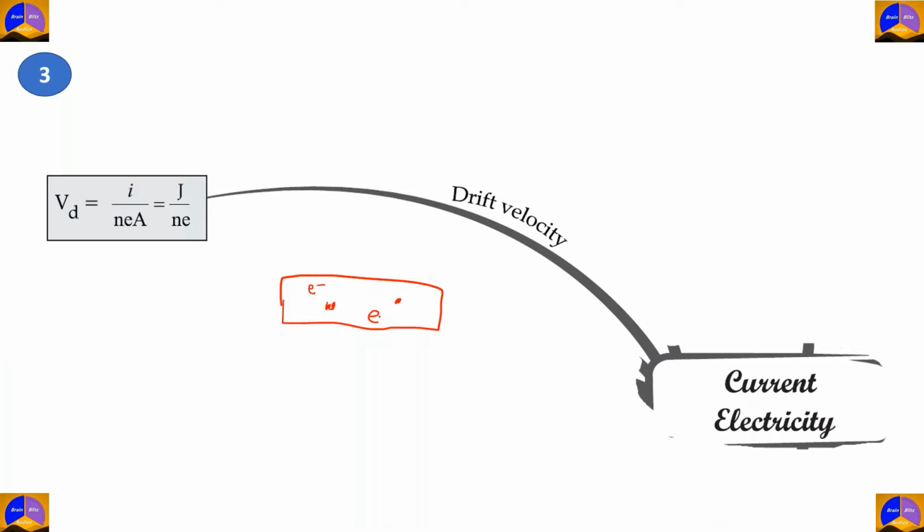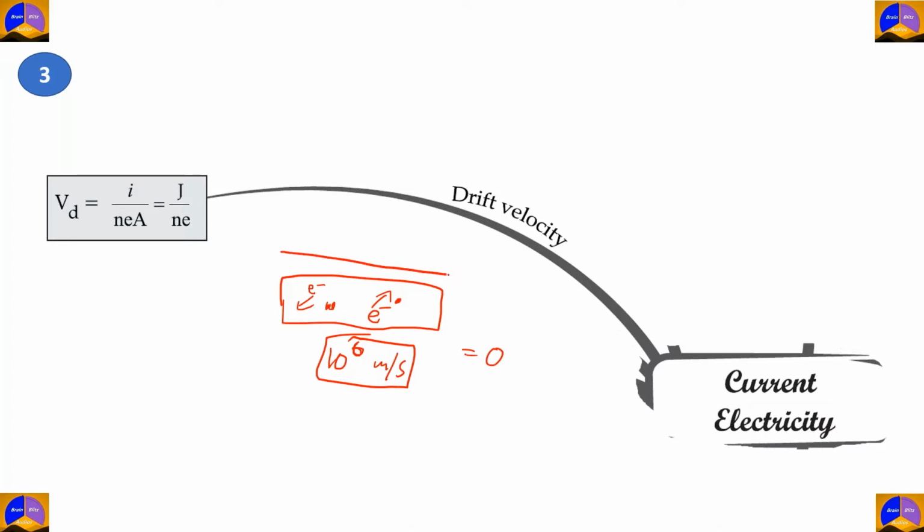Now, in a conductor which doesn't have any electric field, these electrons go helter-skelter and they move very fast, in the order of 10 raised to 6 meters per second. But since they're moving in random directions, their net speed becomes 0. Their net velocity becomes 0.